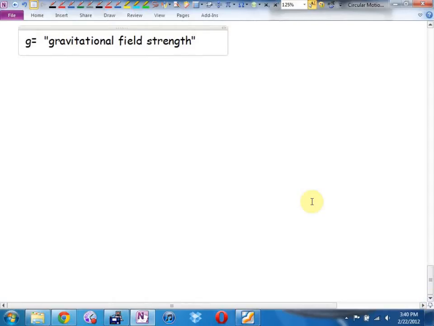What's g on the Earth? 9.8 units. There's two ways to measure the units. What are the two ways? Meters per second squared, or, now here's how you can figure it out. Get the g by itself.